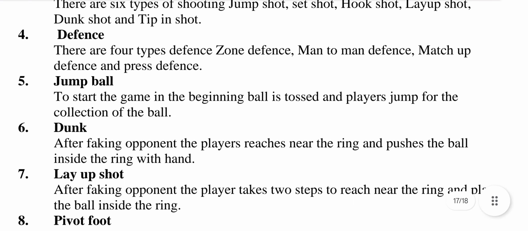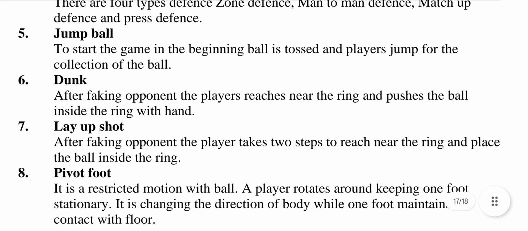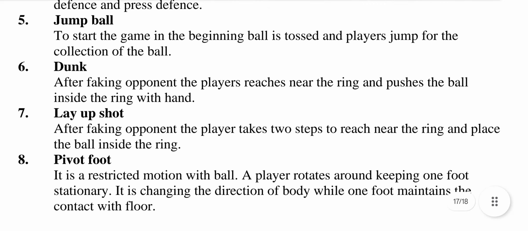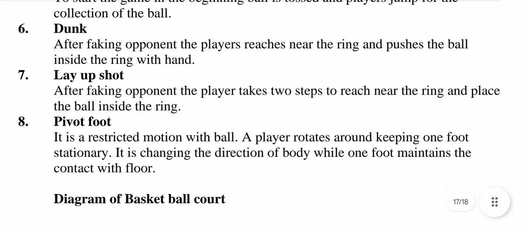There are 4 types: zone defense, man to man defense, matchup defense, and press defense. Number 5, jump ball. To start the game in the beginning, the ball is tossed and players jump for the collection of the ball.